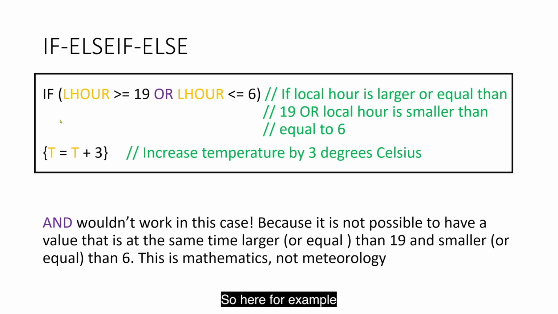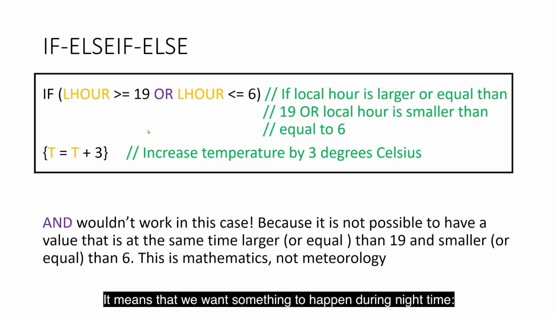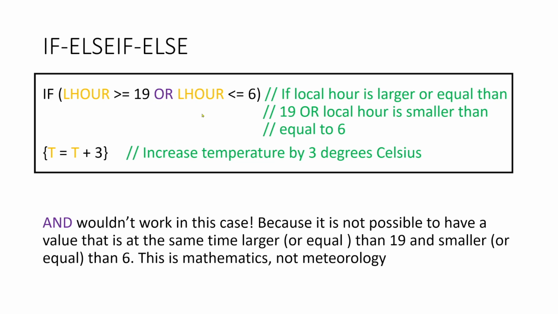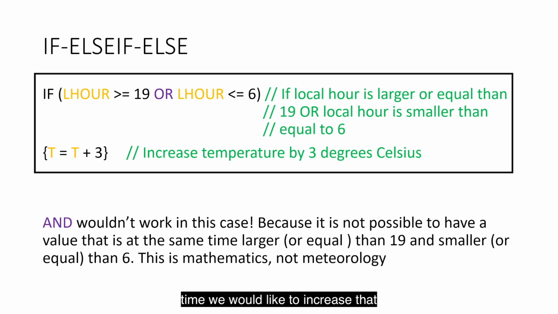So here, for example, L-hour is larger or equal to 19, which is 7 p.m., or L-hour is smaller or equal to 6. It means that we want something to happen during nighttime, so from 7 p.m. until 6 a.m. And then during this time, we would like to increase the temperature by 3 degrees Celsius.